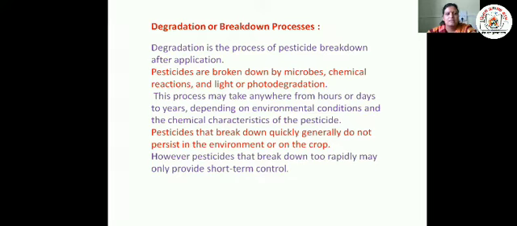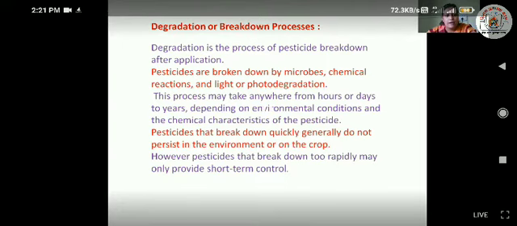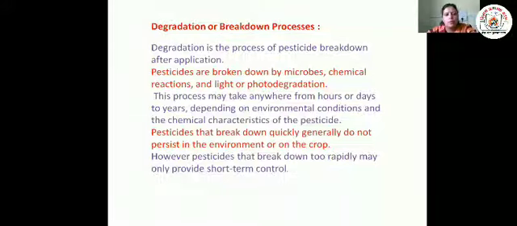This process may take anywhere from hours or days to years, depending on the environmental conditions and the chemical characteristics of that pesticide. Pesticides that break down quickly generally do not persist in the environment or on the crop for the last year. However, pesticides that break down too rapidly may only provide short-term control.